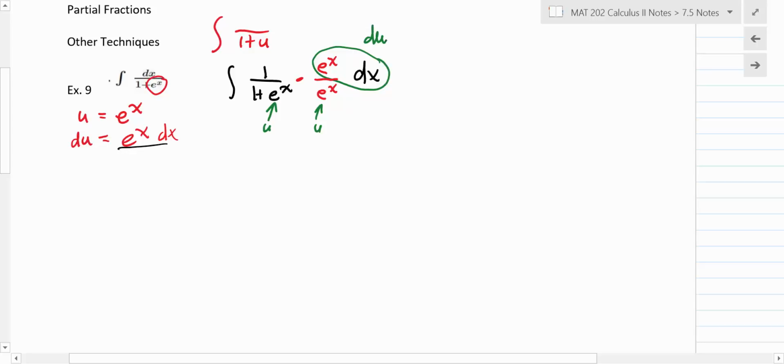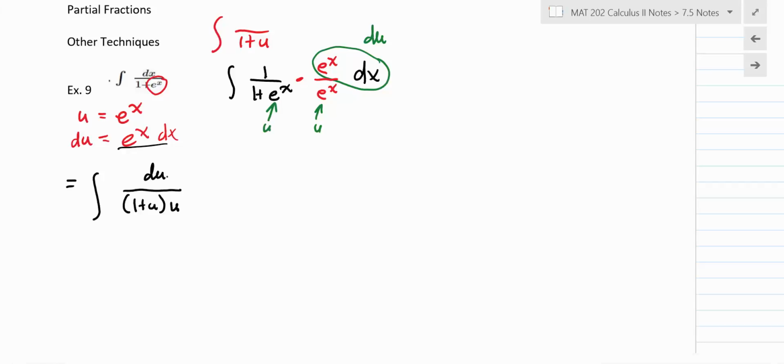Hey, we got everything accounted for. That's the number one thing in u substitution. So what's the denominator going to be? It's going to be 1 plus u times u. Now, the numerator, e to the x dx, is just going to be du. Okay? Tell me if that makes sense.